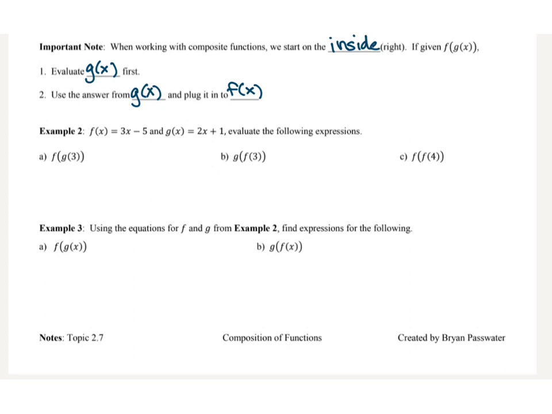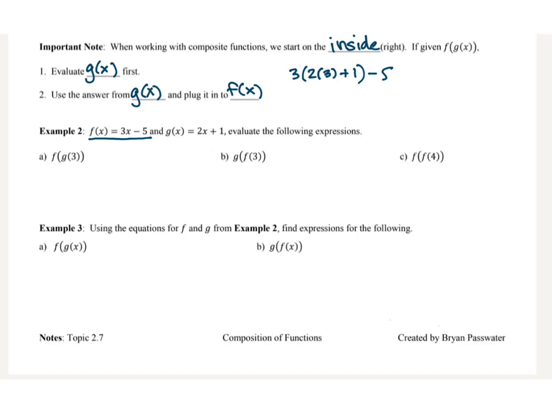One option is to take this f of x sentence and write f of x, and when I hit x, replace it with g of x, which happens to be 2x plus 1. But now instead of x, I'm going to replace that x with a 3. So this is one option, and we could solve, but I think that's really complicated.